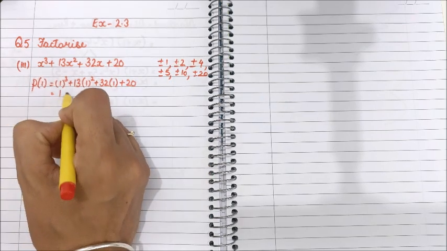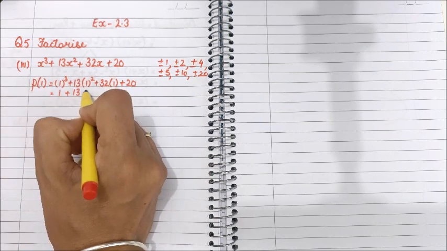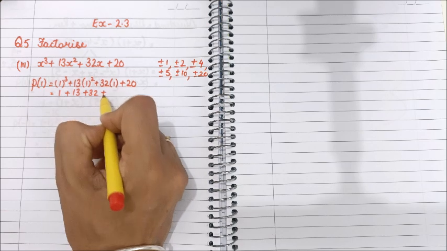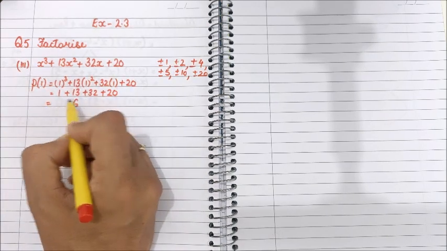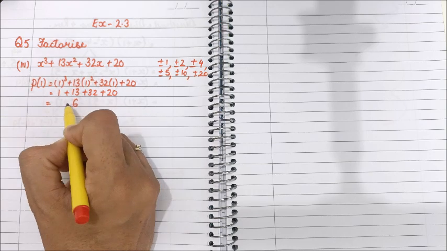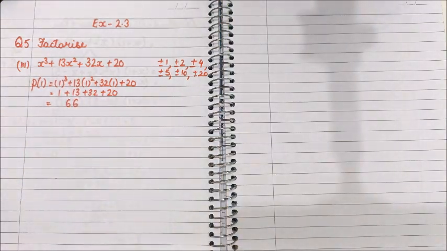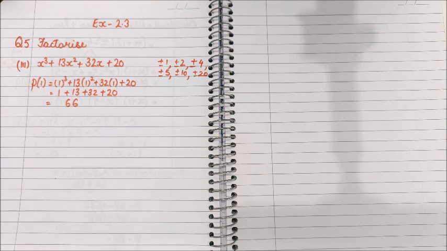So it's 1 plus 13 ones are 13 plus 32 plus 20. Adding all this, we will have 66. As we are not getting 0, it means taking x as 1 is not making the polynomial 0. So let's look for another factor.